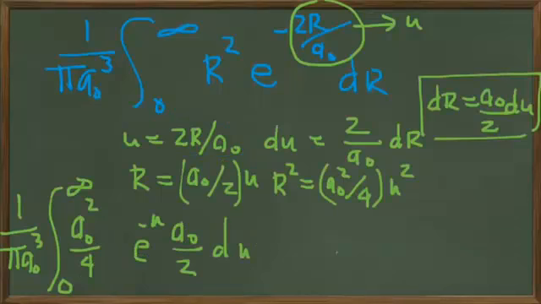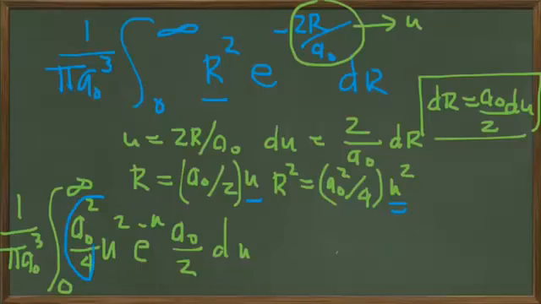Let me correct a little mistake here. When we solve for r, there should be a u here, which makes a u squared here, which means that when we plug in r squared and convert it to u, there should be a u squared here. So what we want to do to clean up this integral is move the constants out.